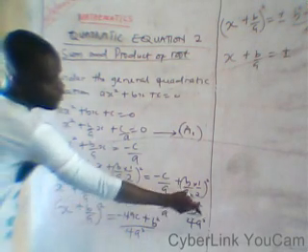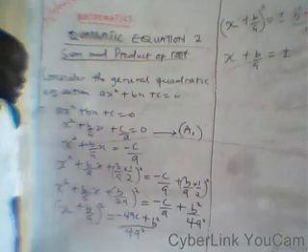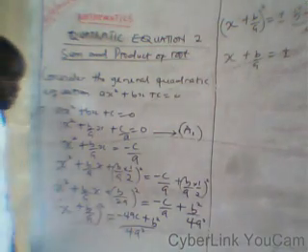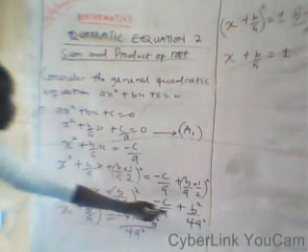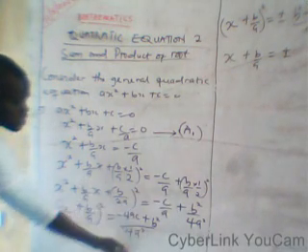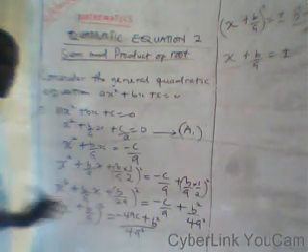On this side, b times b is b squared, then 2a times 2a gives 4a squared. On this side, our LCM is 4a squared. A in 4a squared gives 4a, multiplied by minus c, that is minus 4ac. Then 1 times b squared gives b squared here.